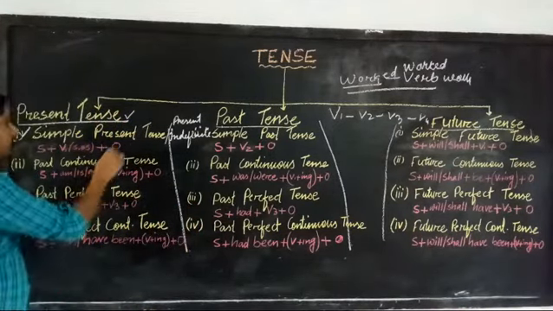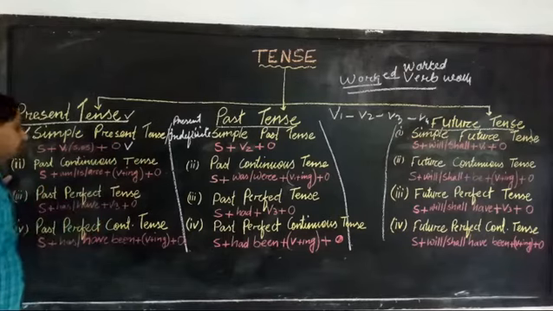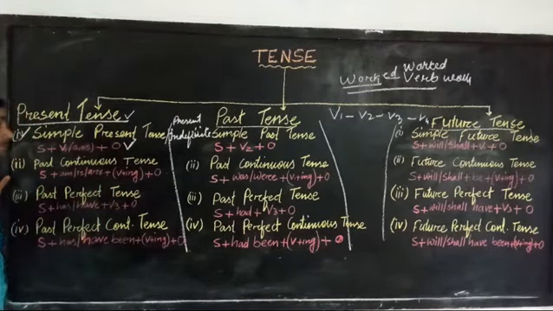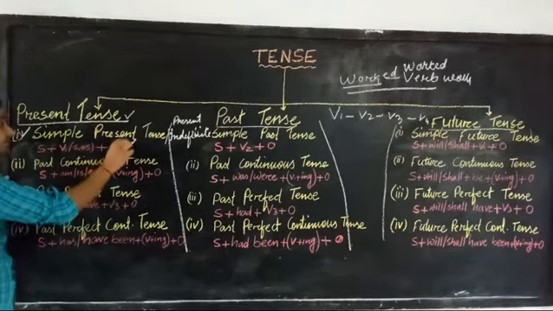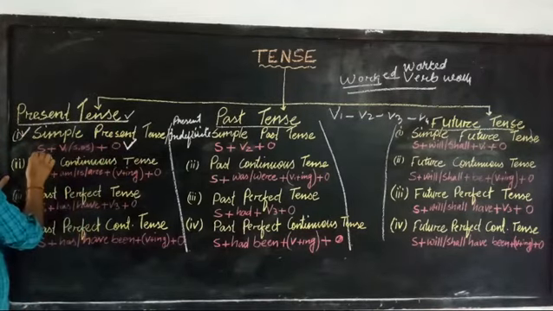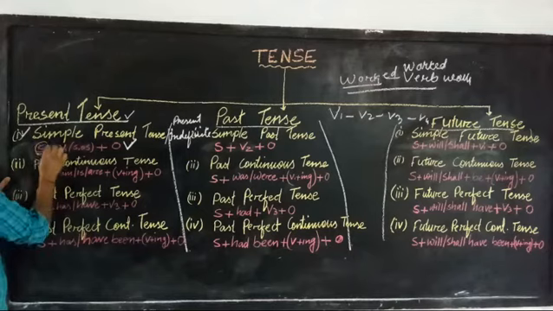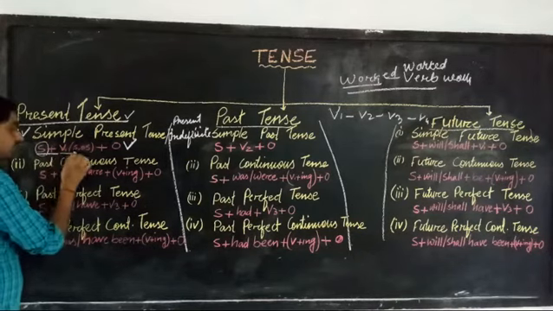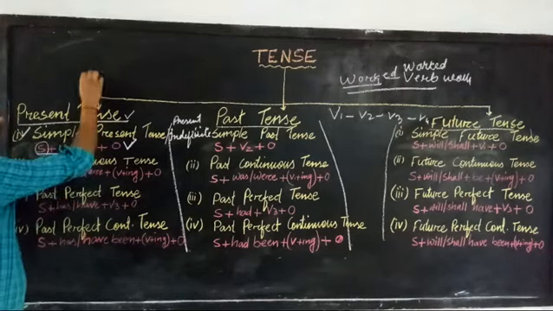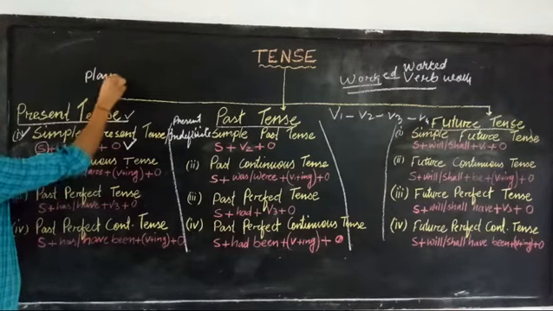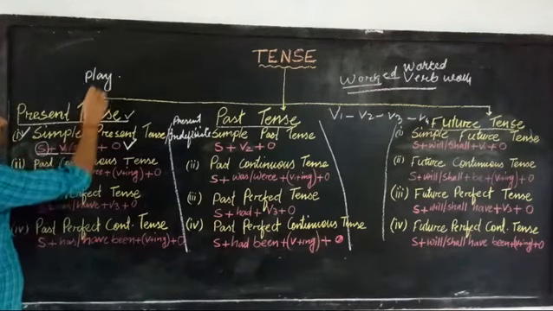This is the sentence structure. In this way we can write a sentence in present tense. First we write the subject, second verb 1. Verb 1 means like play.